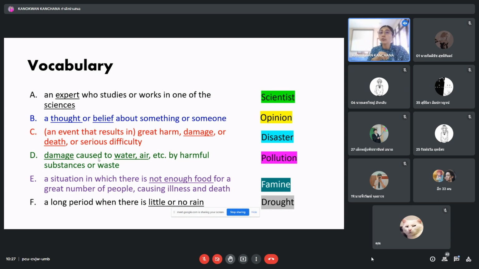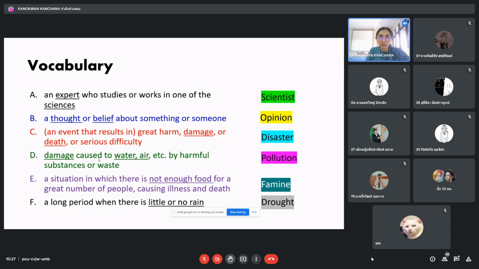And when you don't have enough food, when the food is not enough for you, that is the situation of famine. Famine. And lastly, when you have a long period of no rain or little rain, everyone, that is drought.